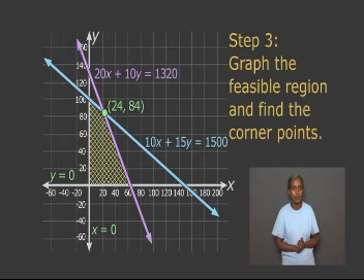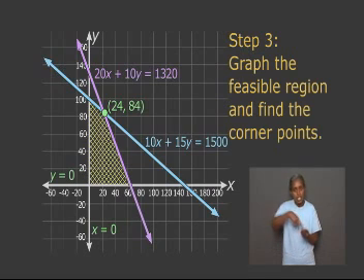It is now time to graph the feasible region and find the corner points. Since we are searching for the maximum value, the region will be to the left of the lines on the graph. If you have calculated your vertices correctly, your graph should appear as you see it here.